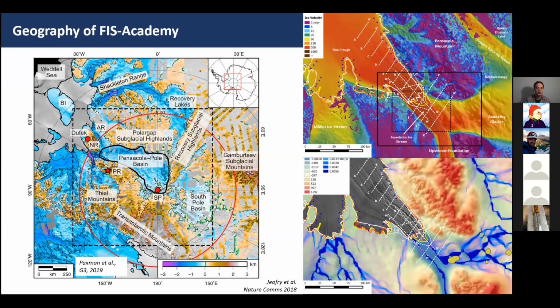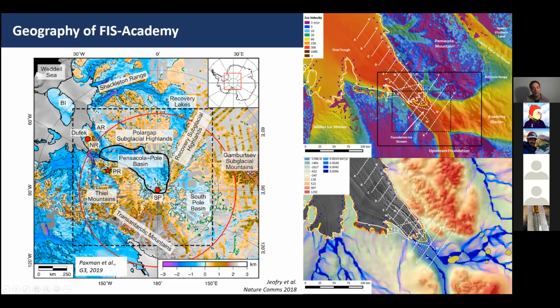You can see the geography of the Foundation Ice Stream and Academy Glacier system. We can see we've got the Foundation and Academy trunk. You can see the deep incised trough that's there, up to 2 kilometers below sea level. And we've got the two limbs of Foundation come out towards the Thiel Mountains, as marked on that map, one being a narrower limb in the Foundation ice stream trough, which extends further inland.